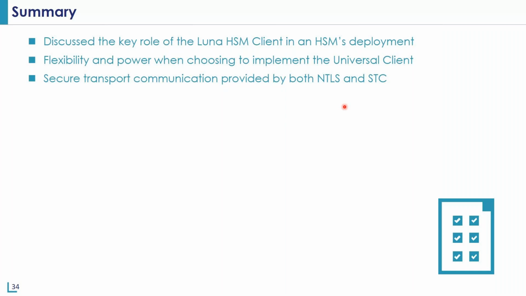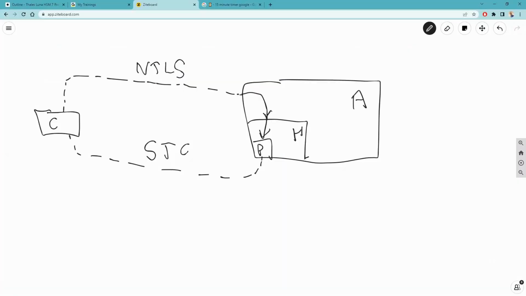Is the STC communication more secure for external entities to connect to the HSM? Correct. Here, in case of NTLS, the request is encrypted till here, it will be decrypted right here, and then it will be forwarded to the partition.